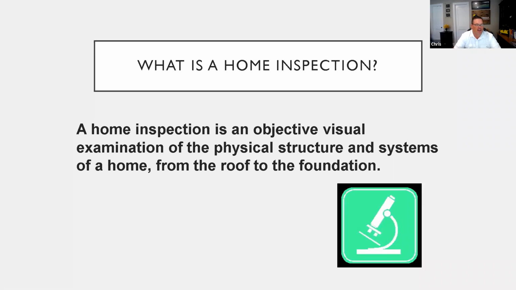But if you're not licensed, you go through InterNACHI because it gives you some credibility. The key to that statement is a visual examination. We're not allowed to do any kind of destructive testing. We can't look inside walls. We can't open sheetrock up to see where a leak came from. So it's a visual examination.